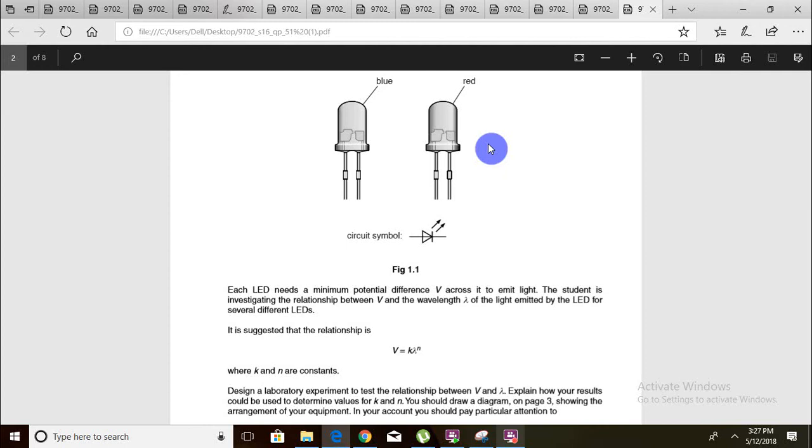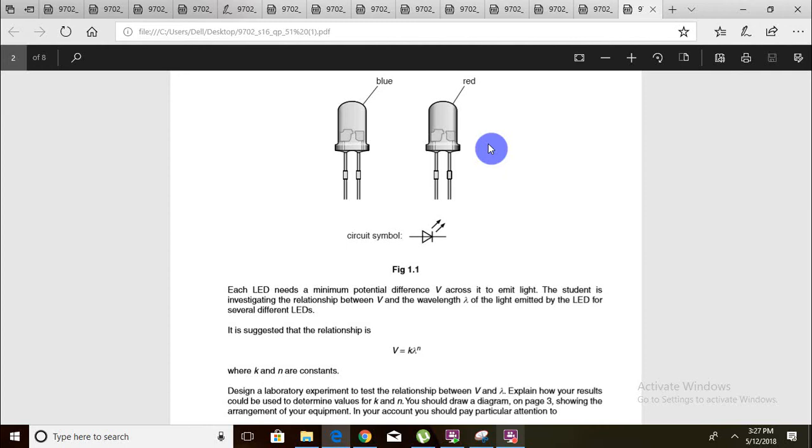When it gives a particular value of the voltage across it, you know that it is emitting a certain light intensity. So this is a way of standardizing your results, even though it's not exactly standardization of the variable.